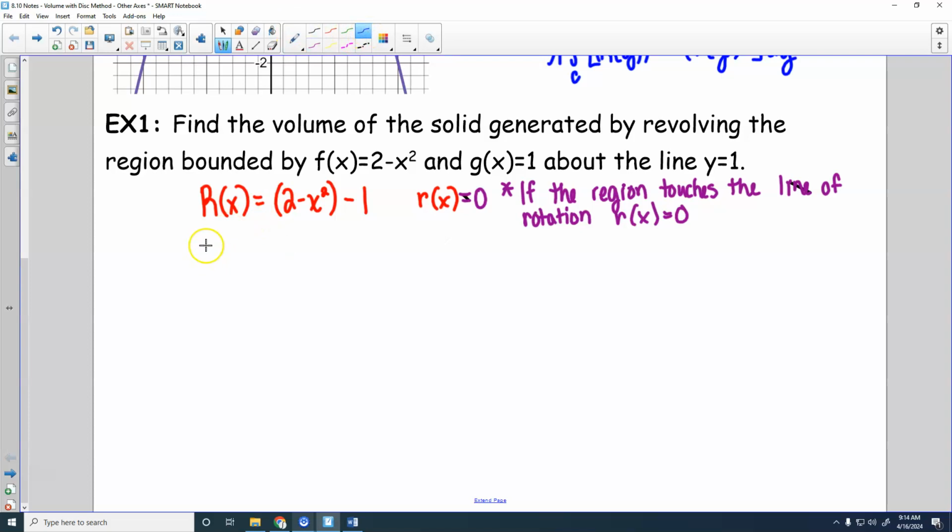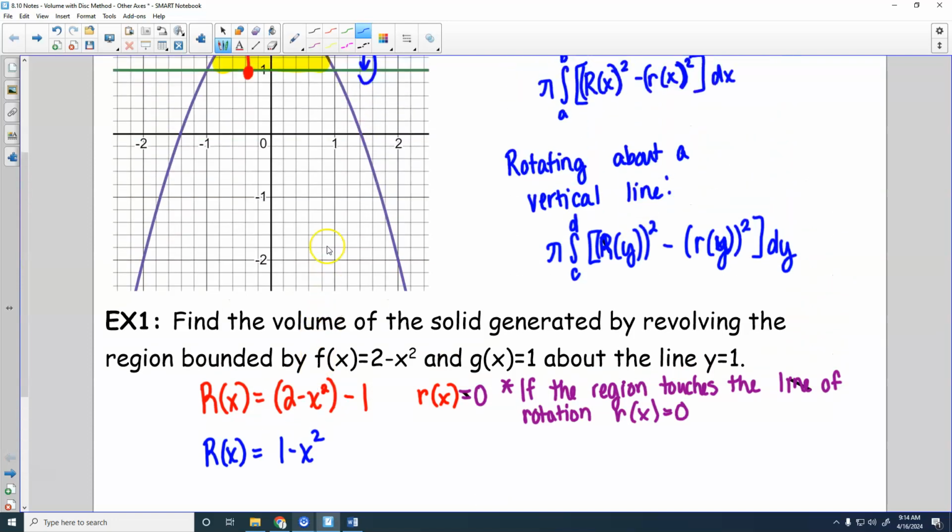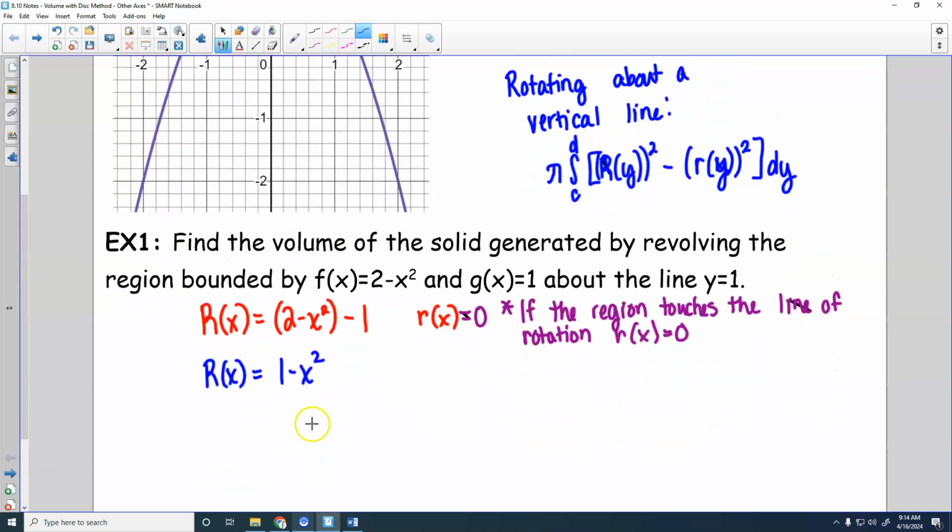So let's simplify down our R of x just a little bit. I've got 2 minus x squared minus 1, which is going to give me 1 minus x squared. And so I will need to integrate pi times my capital R, 1 minus x squared, in terms of x. I don't have to do minus the lowercase r of x because it is 0.